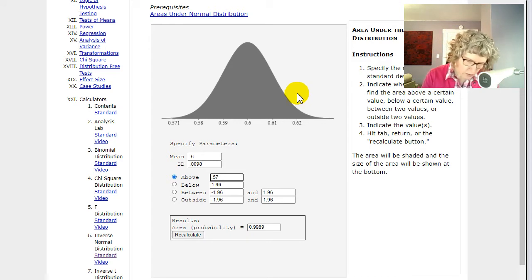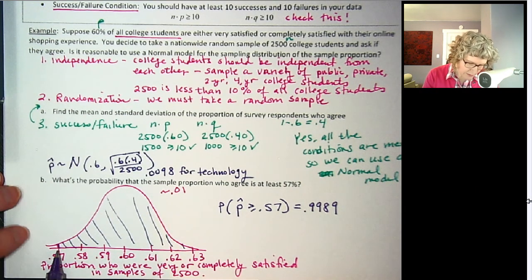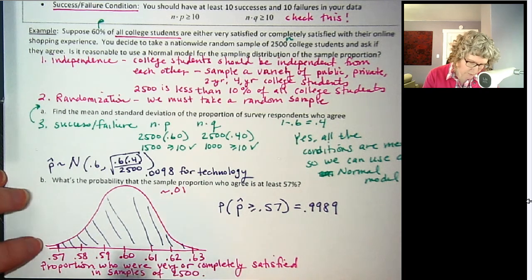Okay, so our probability is 0.9989, and that makes sense because it's almost the whole thing, right?